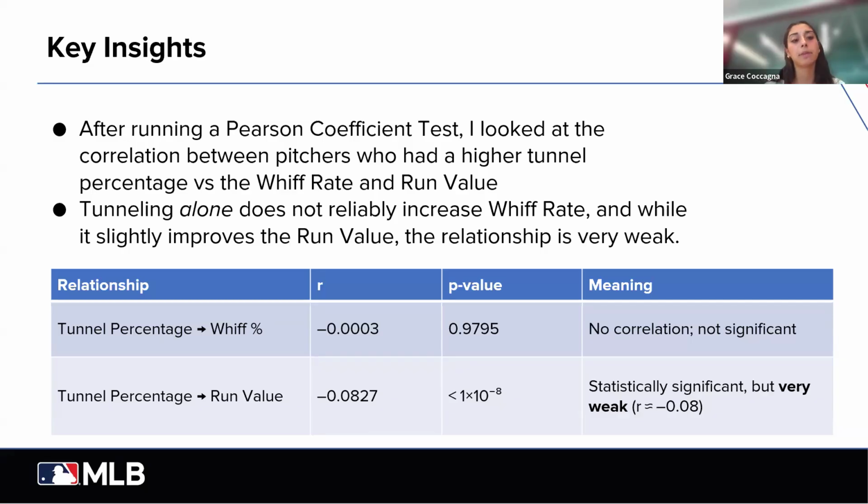And ideally, from looking at this, I came to the conclusion that tunneling alone does not reliably increase the whiff rate. And it slightly improves the run value, but that relationship is extremely weak. So not enough data here to pull that conclusion. So ideally, just because you tunnel more, it doesn't necessarily make you a better pitcher.